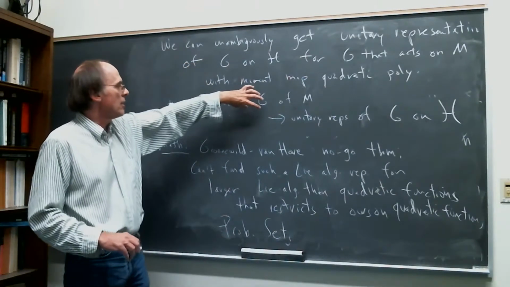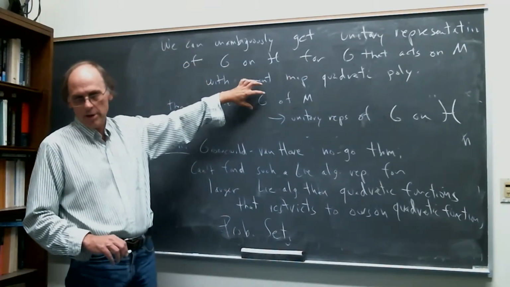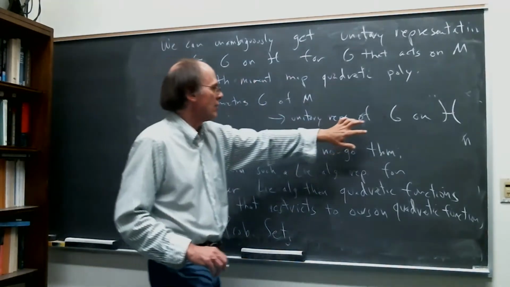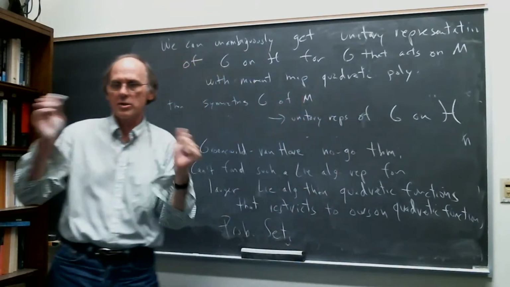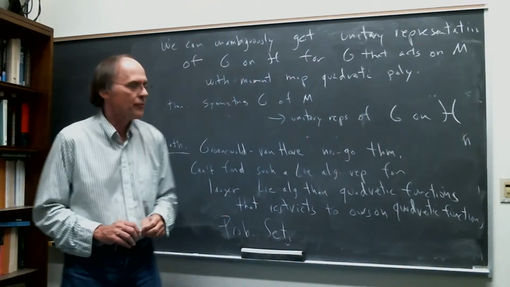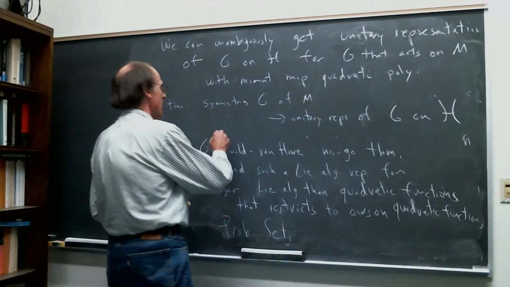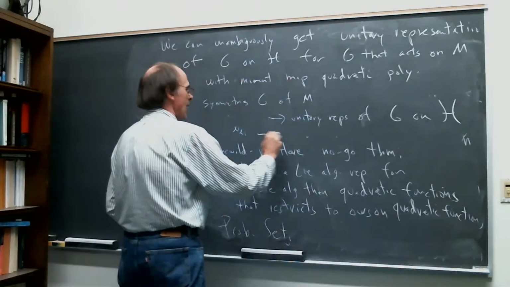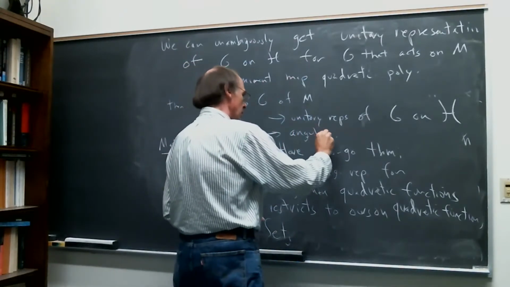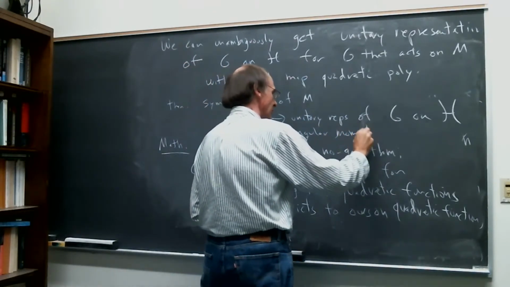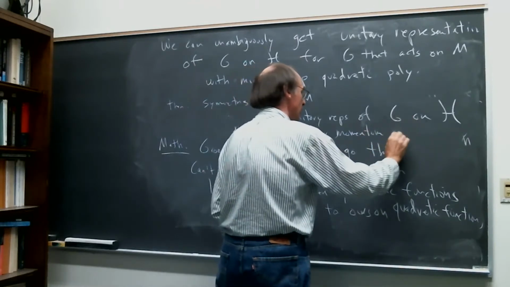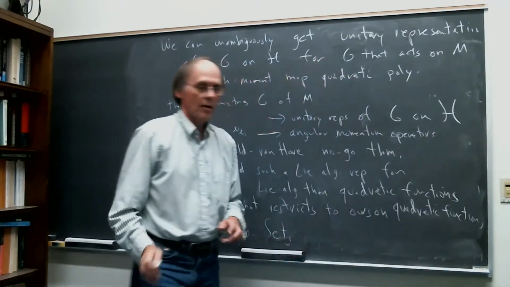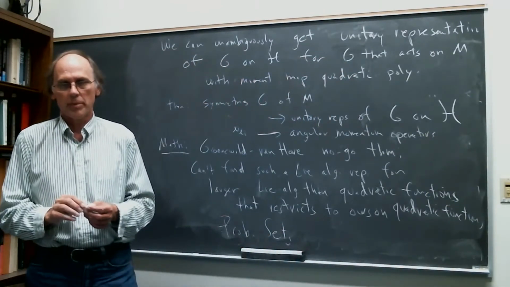The action of the SO(3) rotation on this space turns into these operators involving Q's and P's, which are the angular momentum operators. So here the moment maps of the L_i go to the angular momentum operators involving operators Q and P.